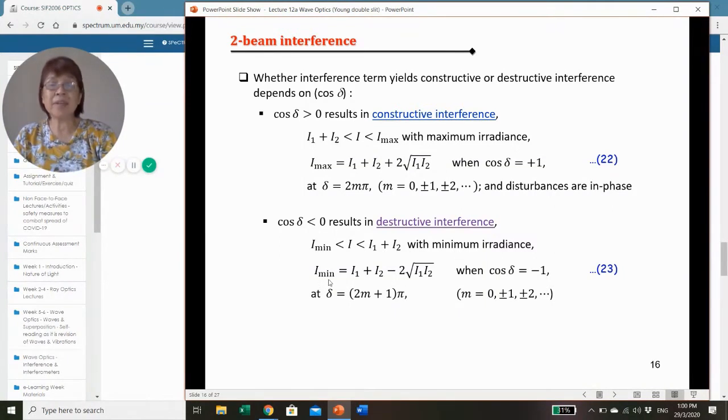And the minimum irradiance is defined by the condition when cos delta equals -1, and that occurs at every odd multiple of pi. This is the odd multiple of pi, and the even one was before, okay? So in that case, we have I1 plus I2 minus 2 root I1 I2.